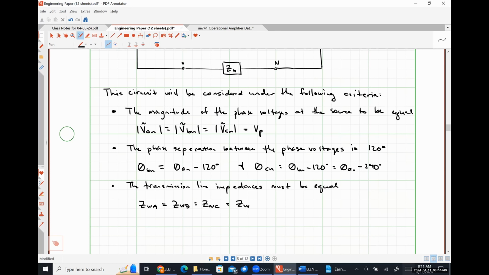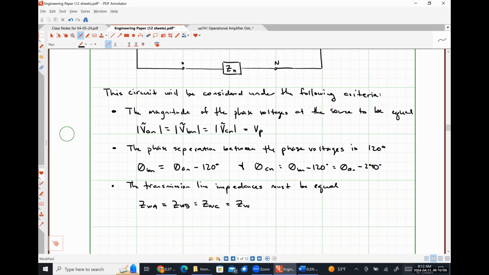The neutral conductor, its impedance can be different and the system still be balanced, and we'll talk about that in a moment. But let's get back to my original question. How do I ensure that the impedance of these conductors is the same? Exactly right. They just need to be the same type of cable and the same length. That's all it takes.